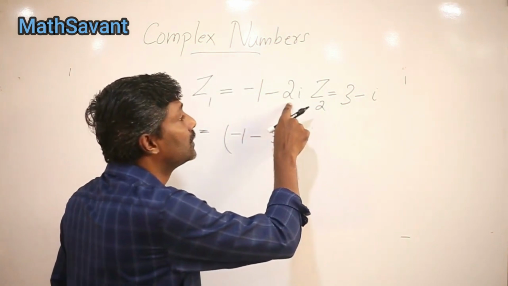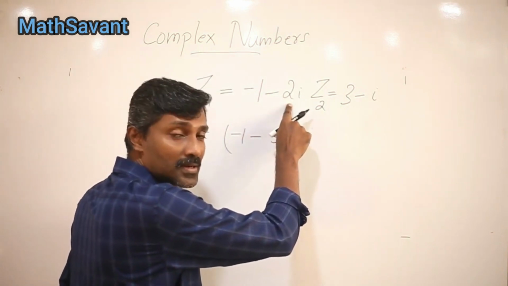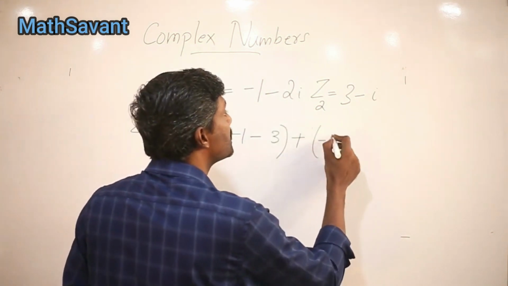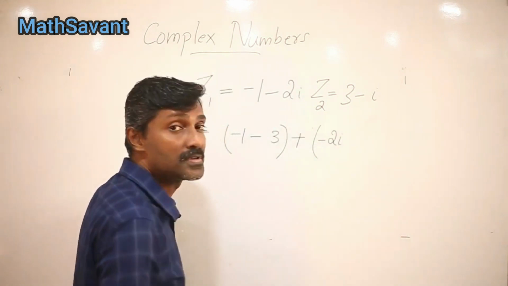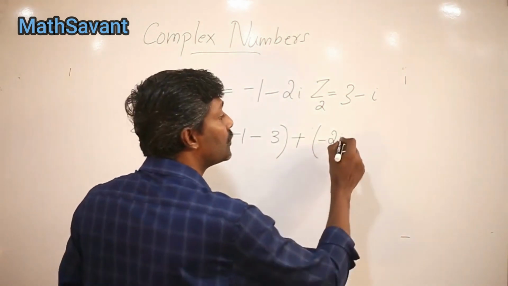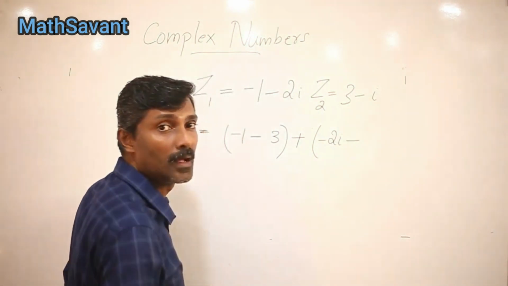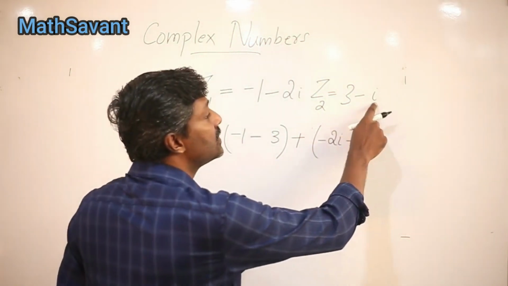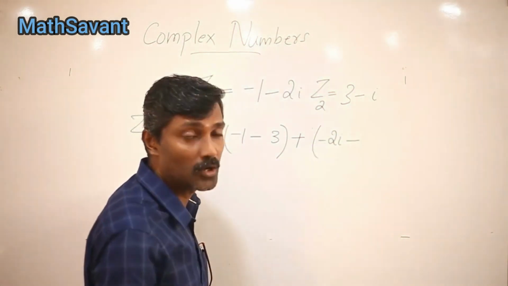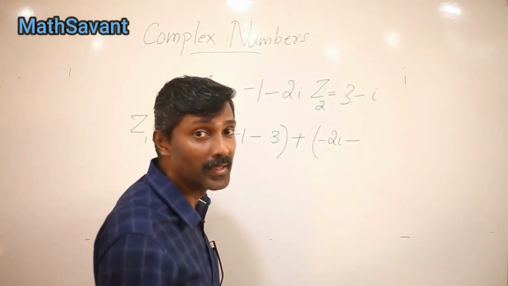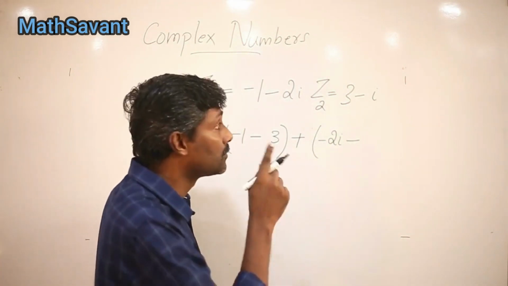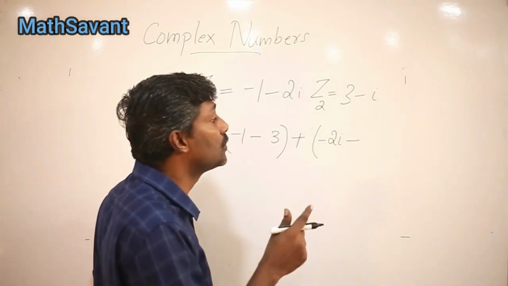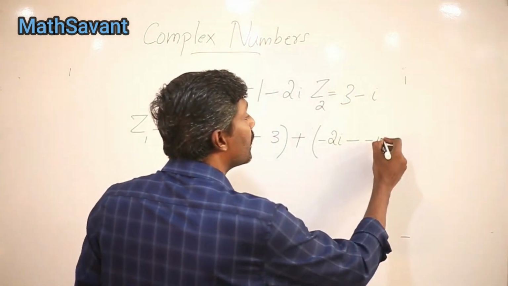Write the imaginary part of the first complex number, which is minus 2i. Now we have to subtract, right? So we have to write minus. Minus, which is the imaginary part of the second complex number, that is minus i. Okay, don't miss that minus. Remember, minus is always to be taken, so it is minus i.